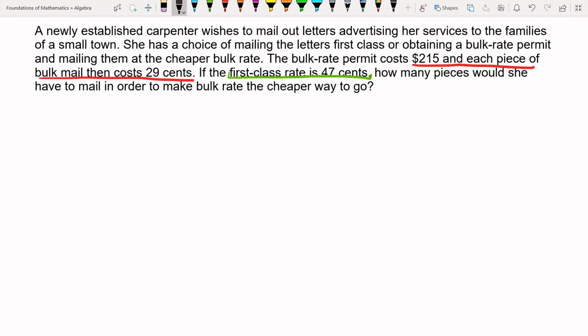If you mail out one letter, I'm going to say M for mail, like one piece of mail. So if M equals 1, then the bulk rate cost would be $215 plus one piece of mail times 29 cents.